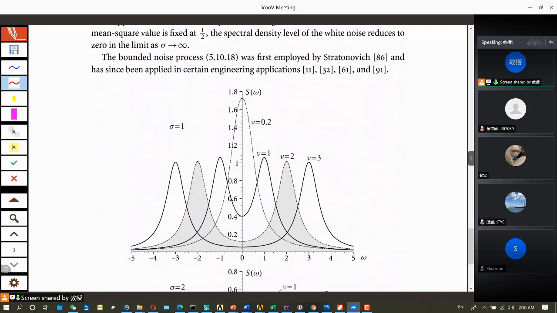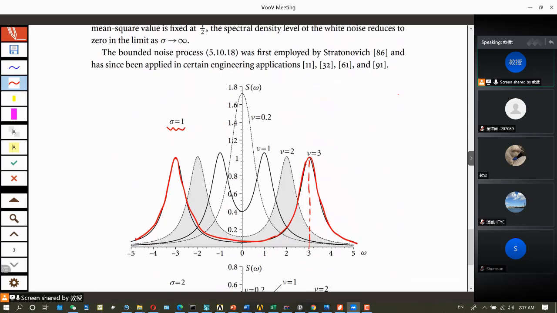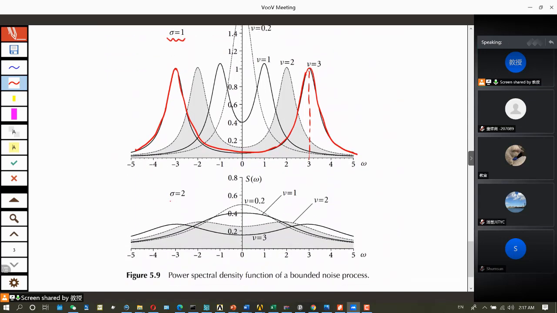So I sketched the power spectral density function here. Let's look at the case nu equal to 3. So we have central frequency around nu equal to 3. Sigma is 1. When we increase sigma, it becomes flatter.